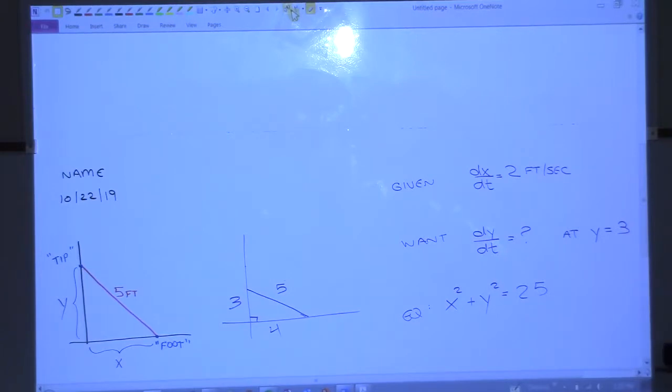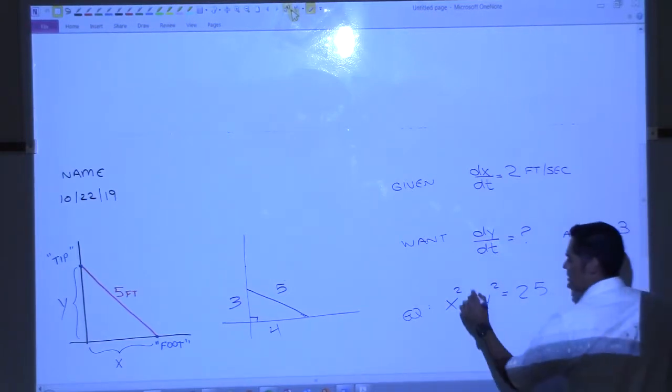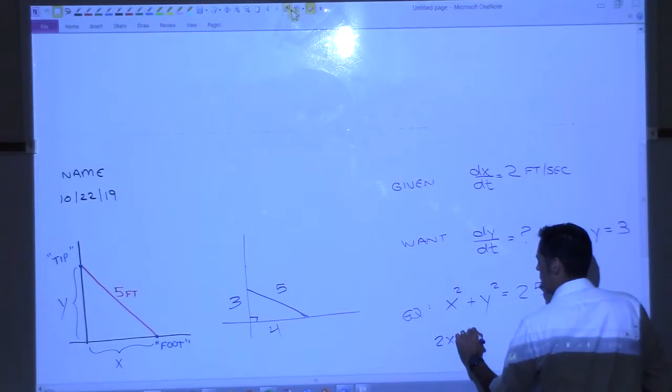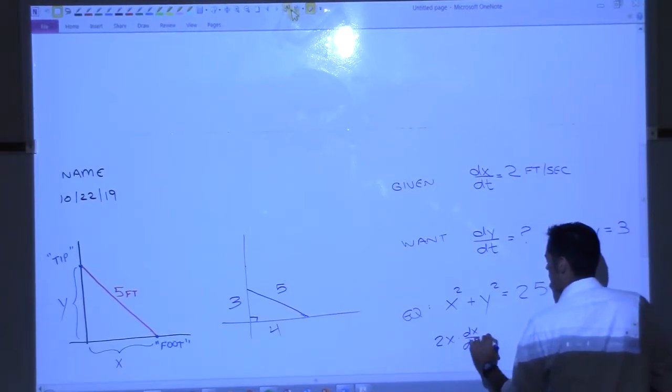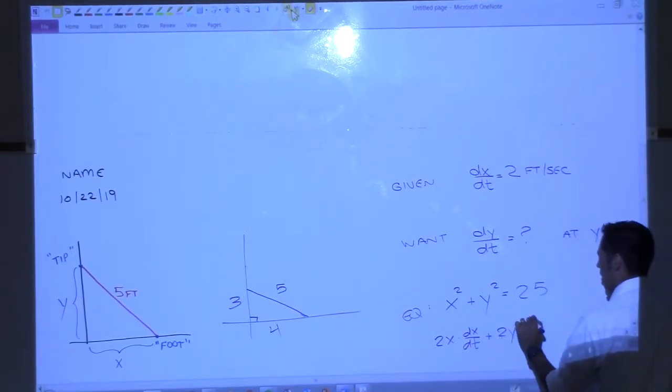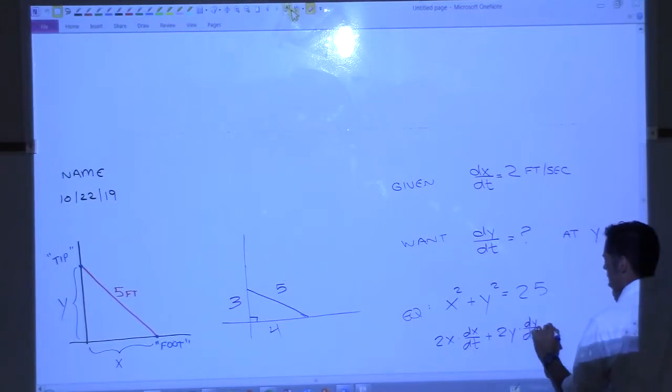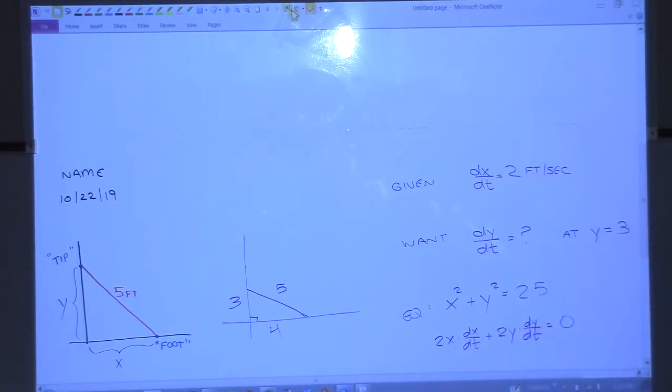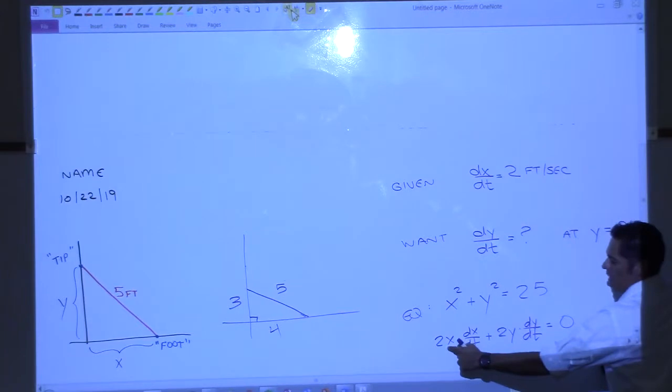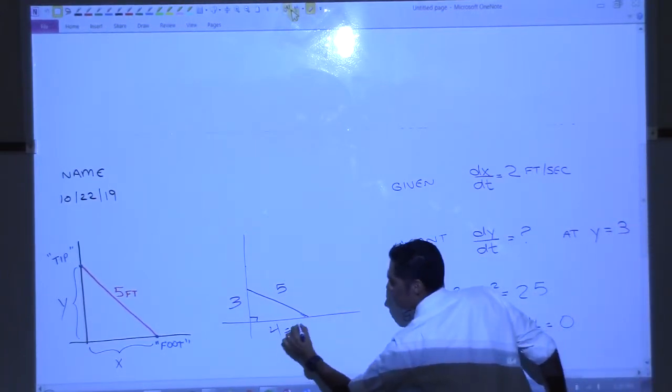So now I can differentiate that with respect to time. The derivative of x squared is 2x dx/dt. The derivative of y squared is 2y dy/dt. And the derivative of the other side is 0. At the moment in time, I know what x is. What's x? 4.